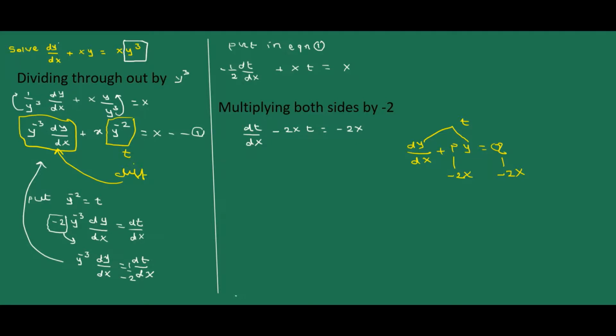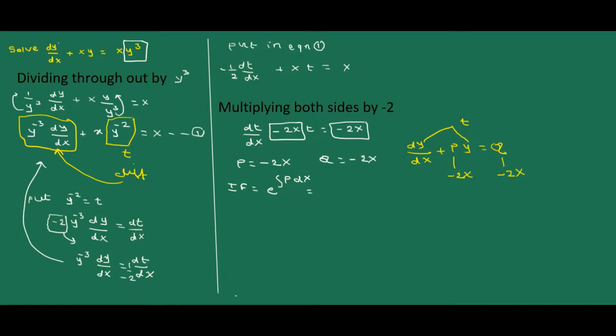So therefore I will write directly that p is equal to minus 2x, and the q value is also equal to this minus 2x. Now we can find the integrating factor. It is equal to e raised to integration of p into dx.